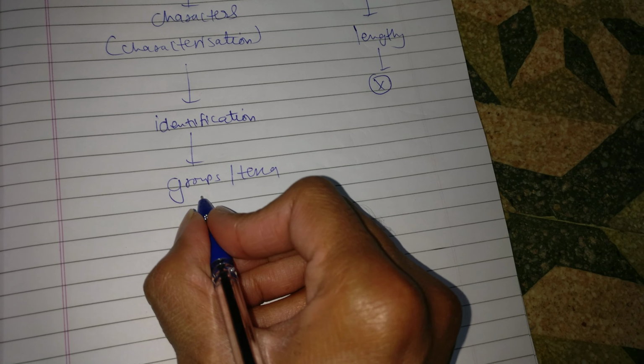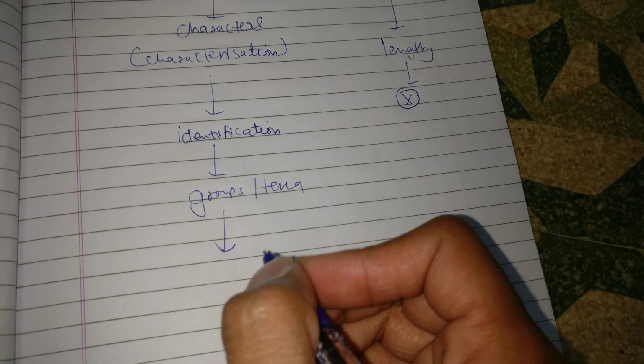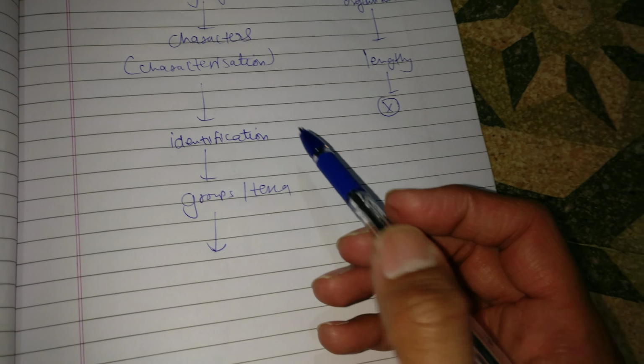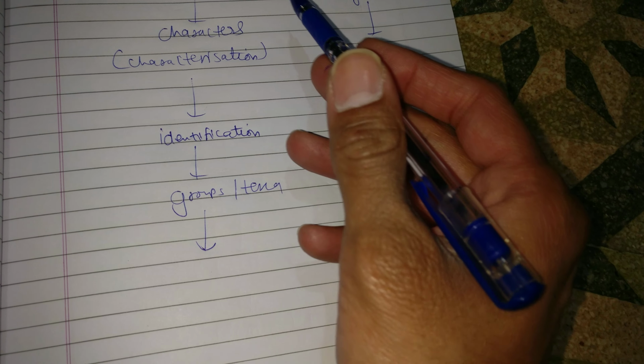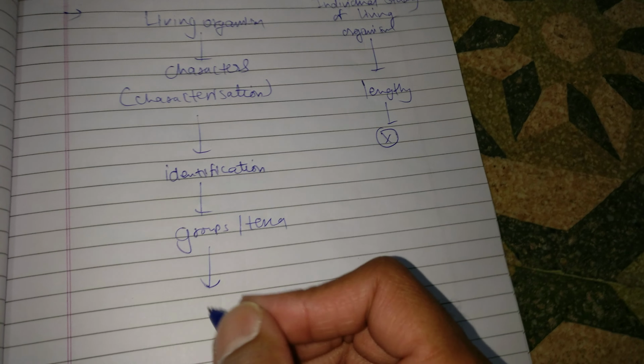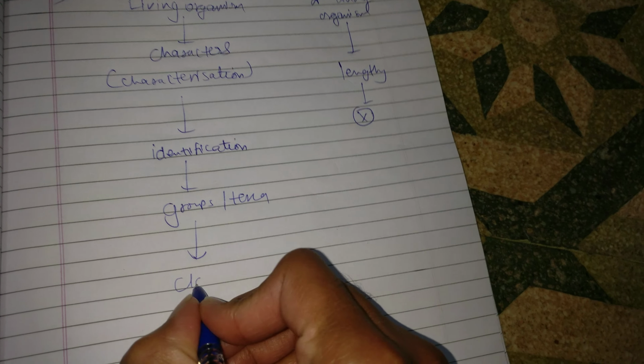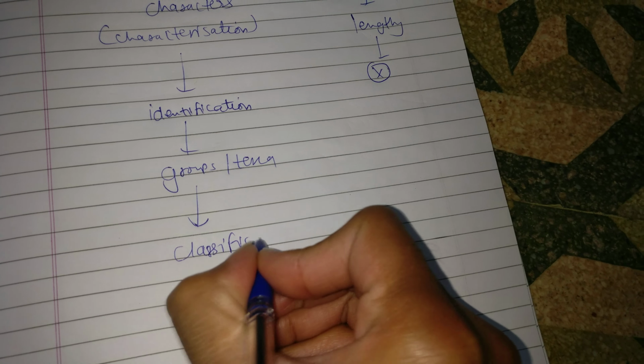This whole process of keeping living organisms into groups on the basis of their specific characters is known as classification.